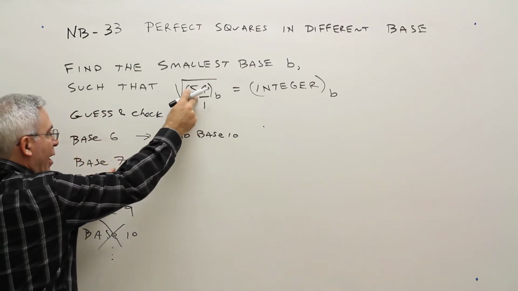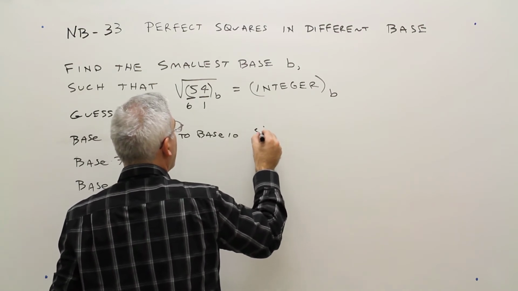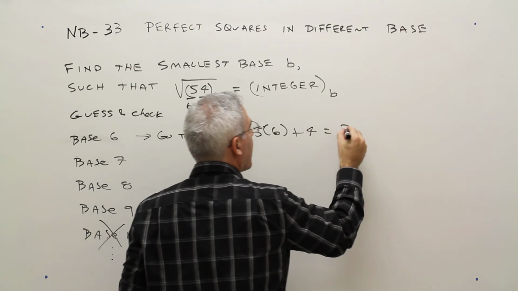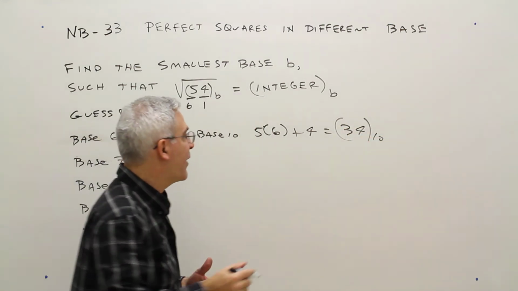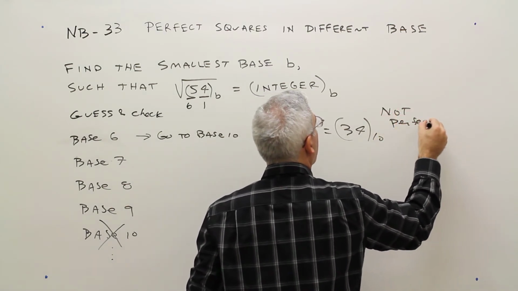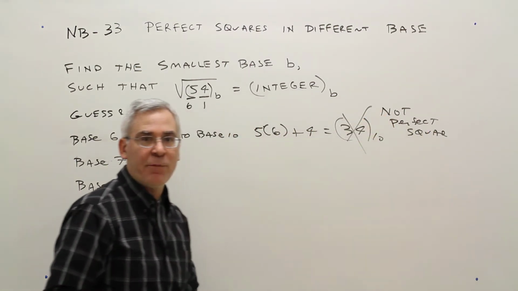And then over here will be the 1s and the 7s, the 1s and the 8s, etc. So over here, it would be 5 6s plus 4. That's 34 in base 10. That's not a perfect square. So I cross it off my list.